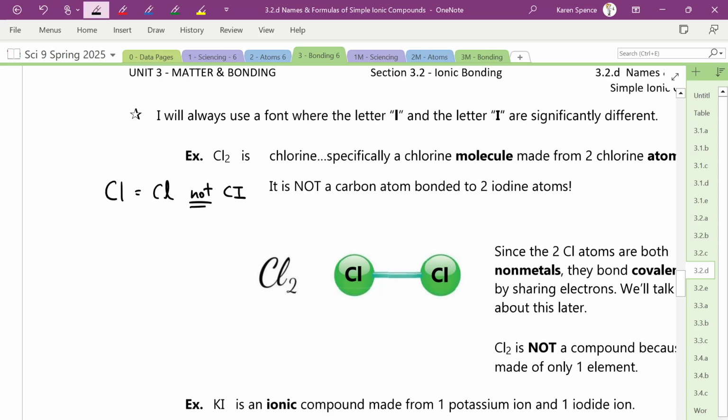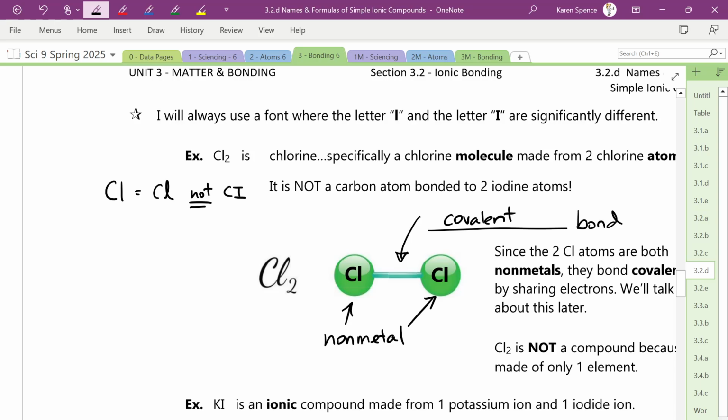Here we have a molecule, Cl2, made of 2 Cls. What kind of a bond is that right there? That is covalent because this is a nonmetal and a nonmetal, so that is a covalent bond.